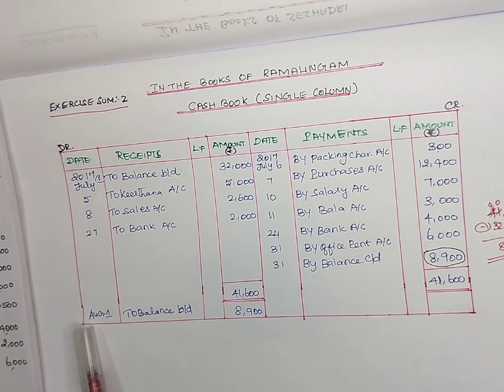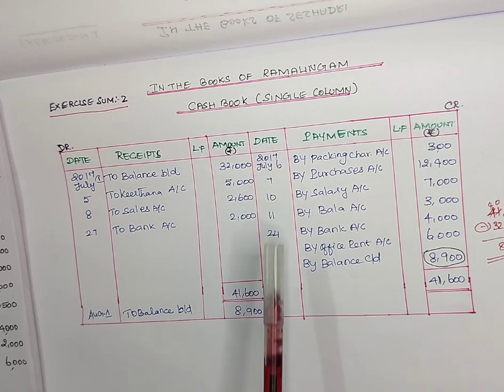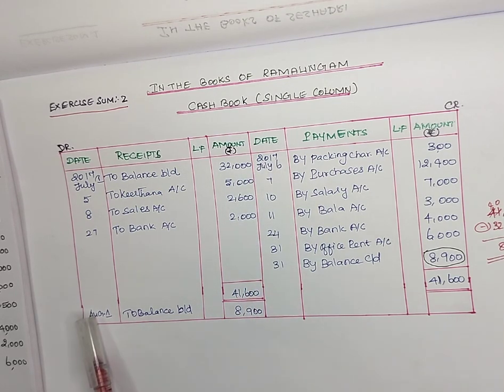The first day of the next accounting period is August 1. The last day of the previous accounting period is July 31. The next day after July 31 is August 1. This is the opening balance of the cash book.